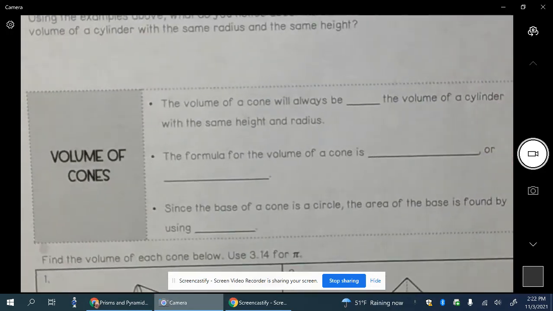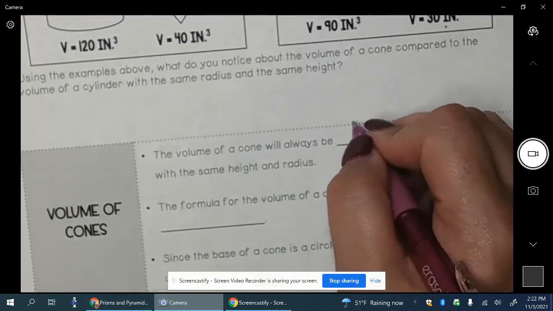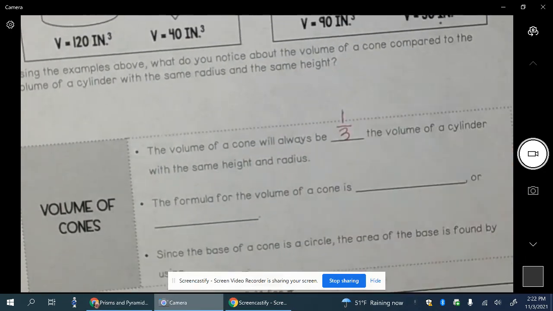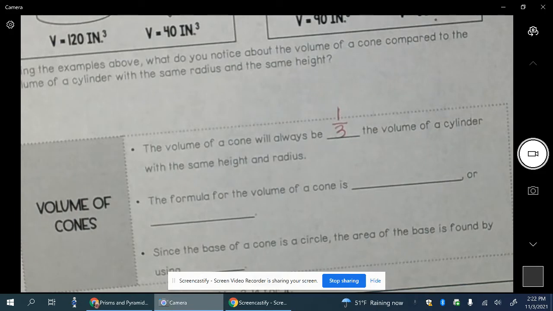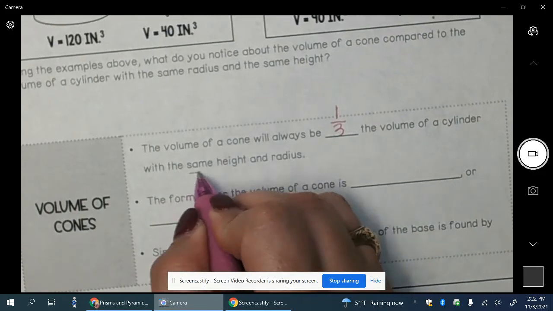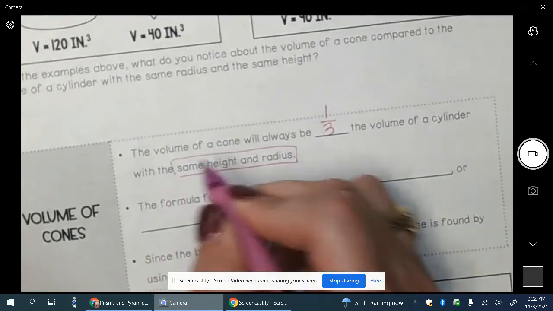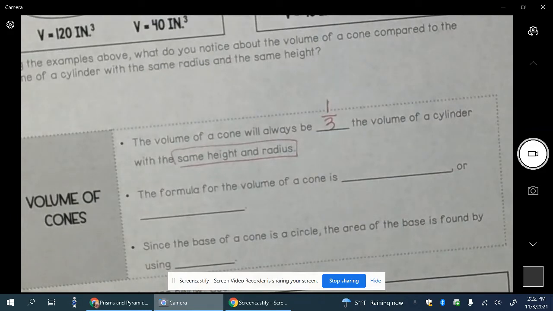So cones. Our formula is 1/3 the volume of a cylinder. But it has to have the same height and same radius. If they're different heights, it doesn't count. Like that cone could not fit 3 times into here because they're different heights and different radiuses.